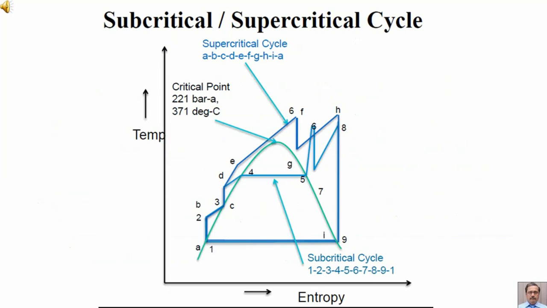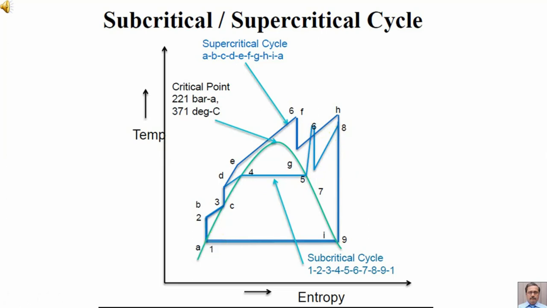Here we are showing subcritical and supercritical cycles on a temperature entropy plane. The subcritical cycle starts from 1, goes to 2, then 3, then 4, then 5, then 7, then 8, 9 and back to 1.